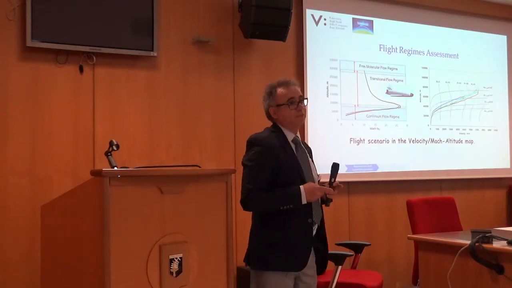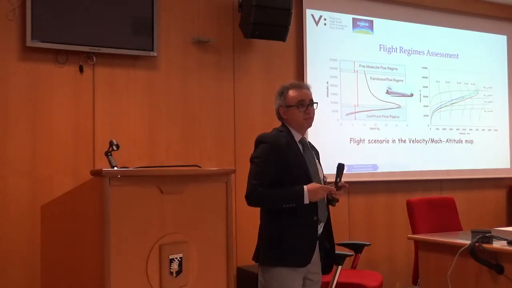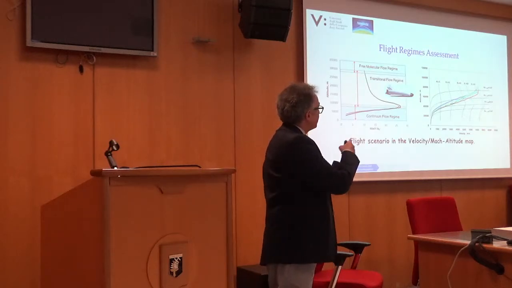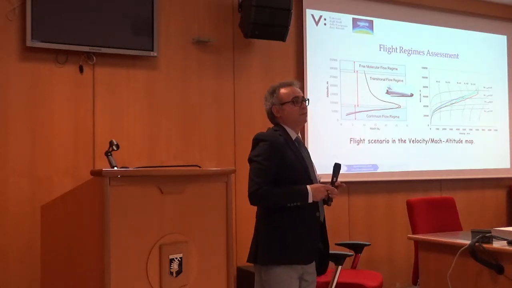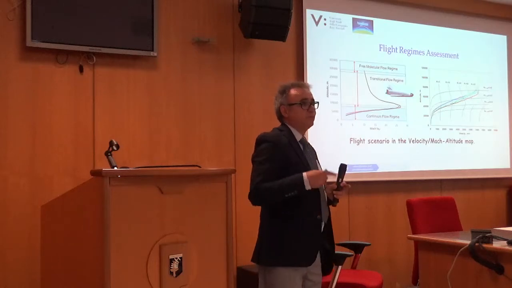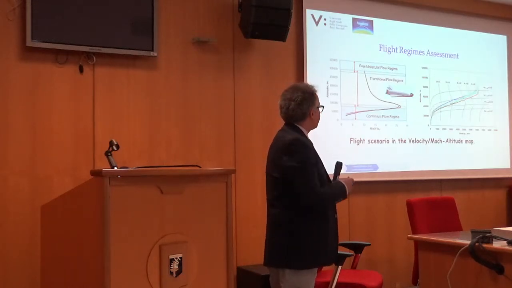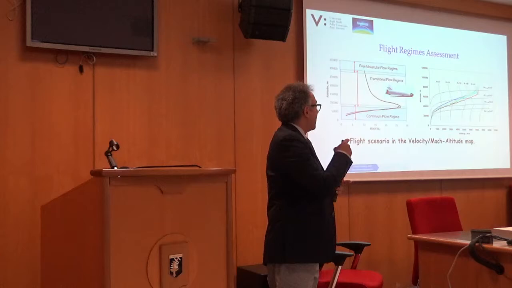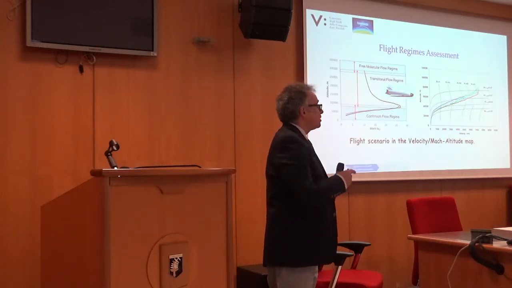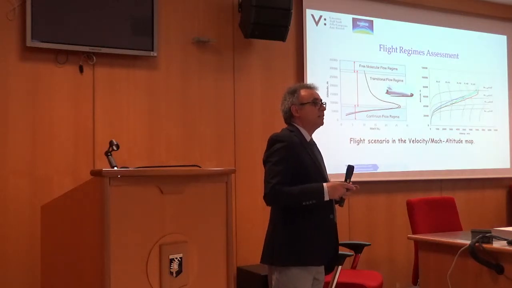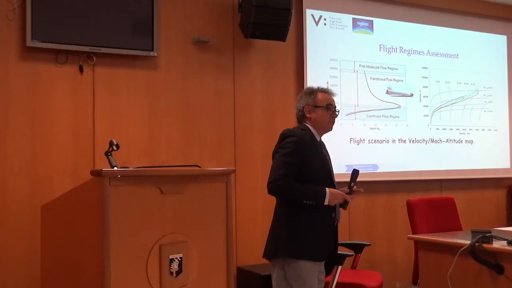This is important for the aerodynamic assessment of the vehicle. And on the right side, you can see the several re-entry trajectories in the altitude velocity map, where iso-Mach and iso-Reynolds lines are also provided for the assessment of the aerodynamics of the vehicle.